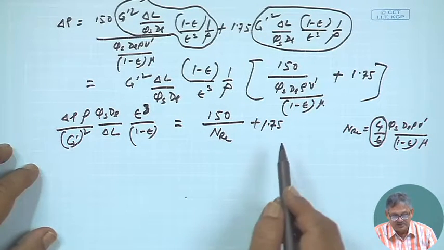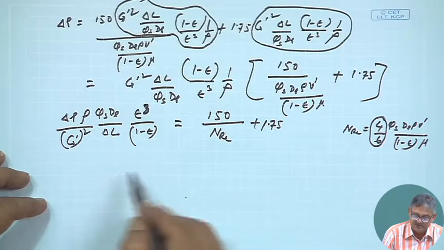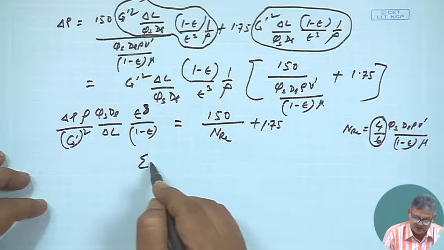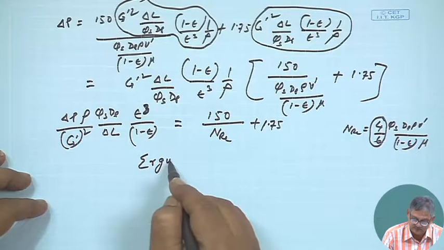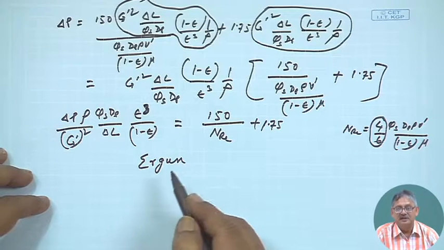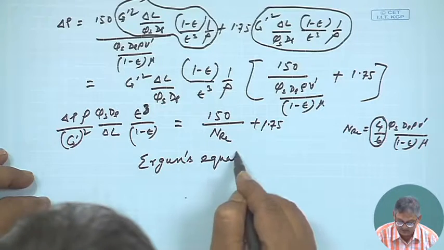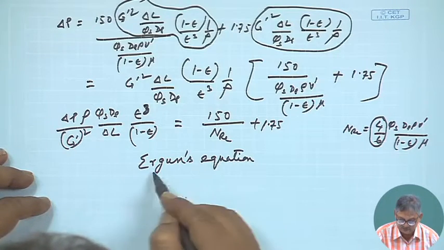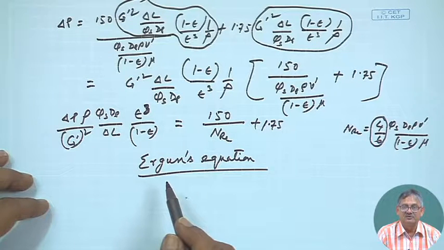Now, this equation combination was done by one scientist called Ergun, and the equation is known as Ergun's equation.